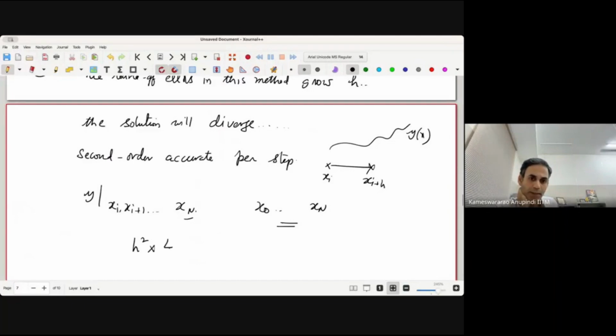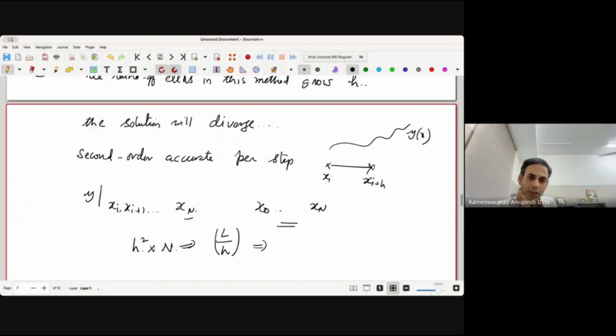You would do length divided by h, right? Essentially, you have to do it n times, which is basically nothing but your length divided by the step size h.